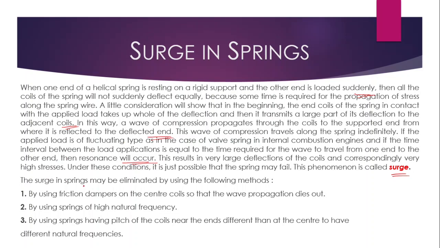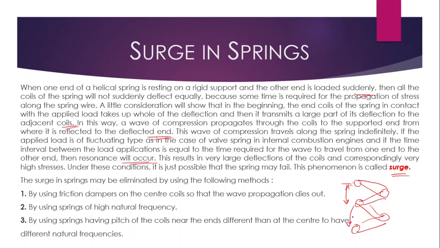Okay, then surge in the spring may be eliminated by the following methods: by using friction dampers, or by using springs of high natural frequency, or by using springs having the pitch of the coils near the ends different from the center. Usually we use a spring having equal pitch, that means the distance from this point to this point is equal to this point to this point.